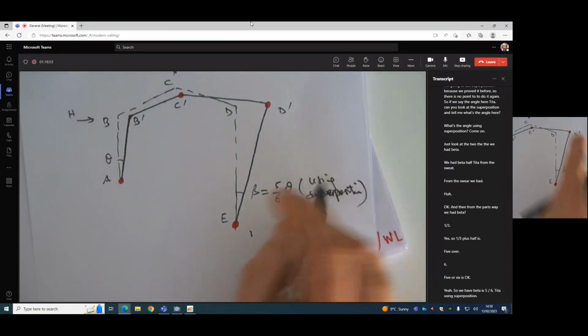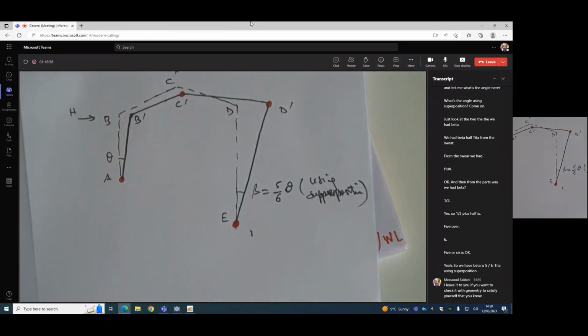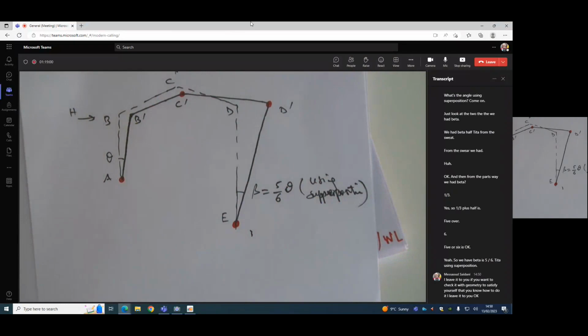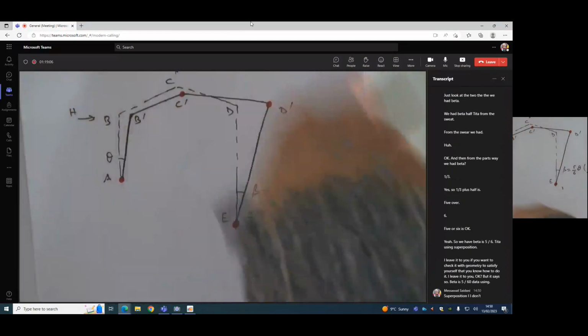I leave it to you. If you want to check it with geometry to satisfy yourself that you know how to do it, I leave it to you, okay? But beta is 5/6 theta using superposition. I don't have to do all this.